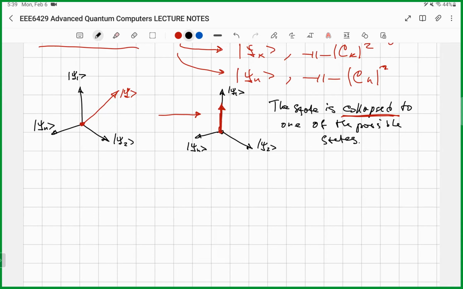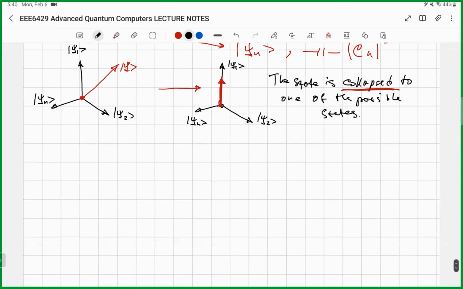So basically, you measure the quantum system in some particular state, and the system collapses to one of the possible states, and then you stop the measurement, and this quantum system will stay in the state to which it collapsed, and it will be there for a while until you prepare your system in a general state once again.